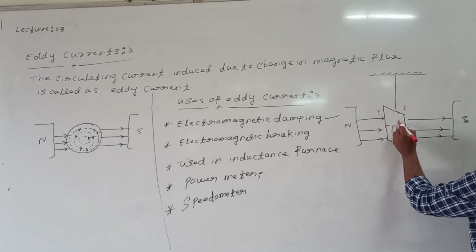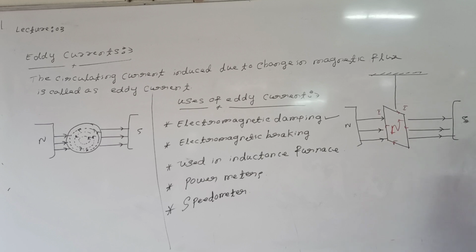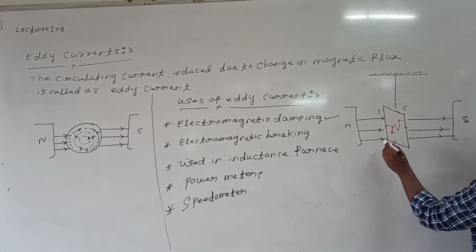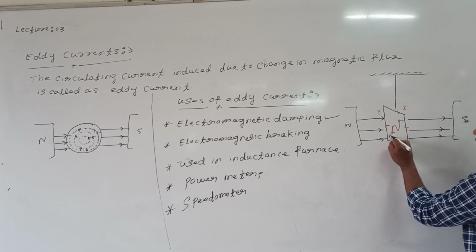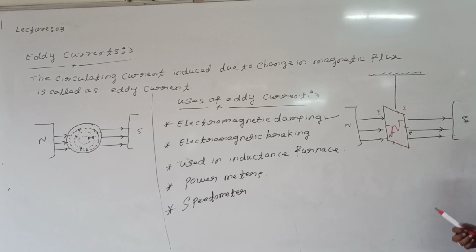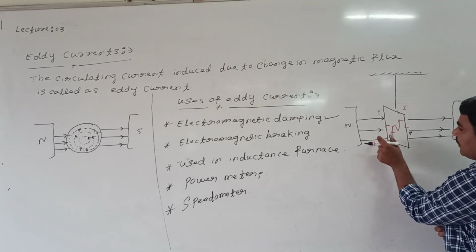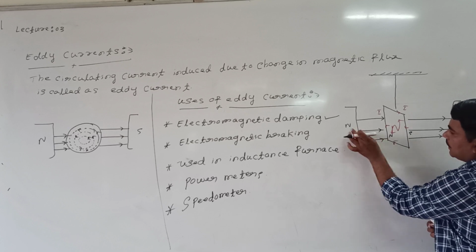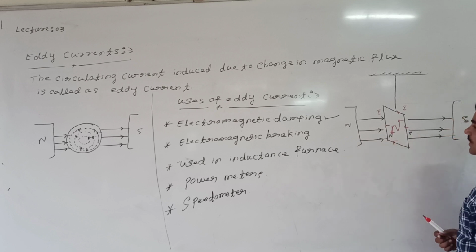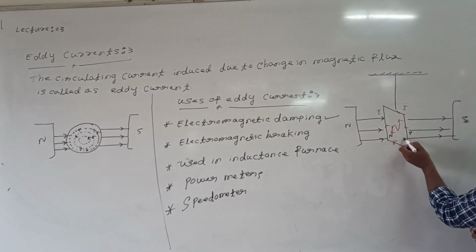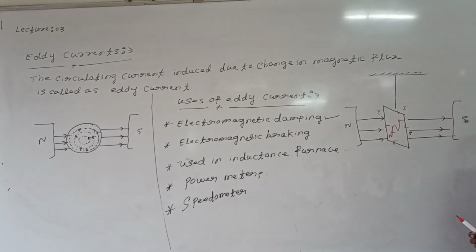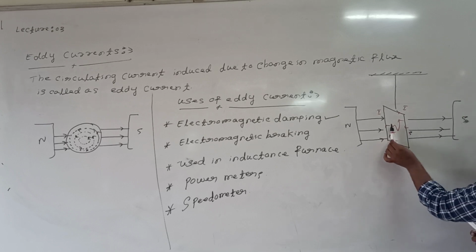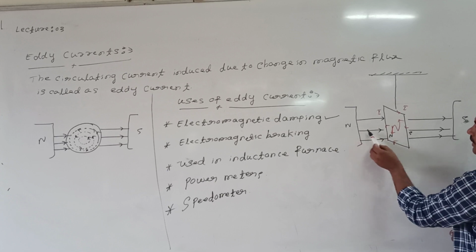Here the current flows in the anti-clockwise direction, so one end acts as north and the second one acts as south. This pole acts as the north, and this pole acts as the south. When this coil oscillates in this direction, north and north repel each other.